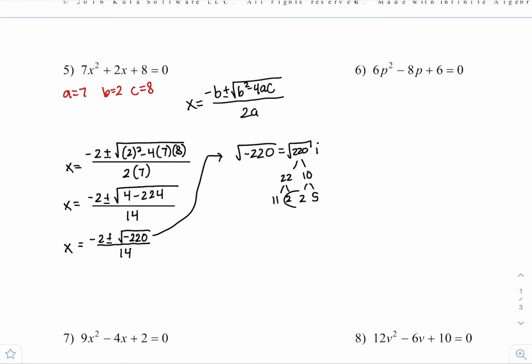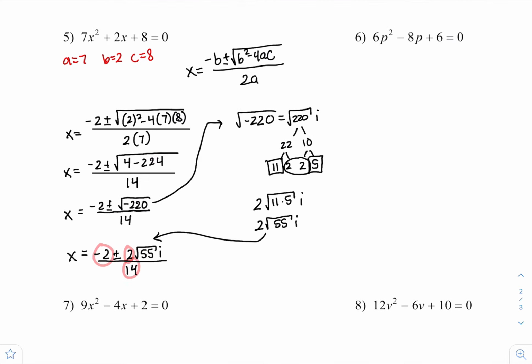So I found a pair, right? The pair goes on the outside of the square root, and on the inside are your leftovers. Divide top and bottom by 2 to simplify. And we get x is equal to negative 1 plus or minus the square root of 55i all over 7.